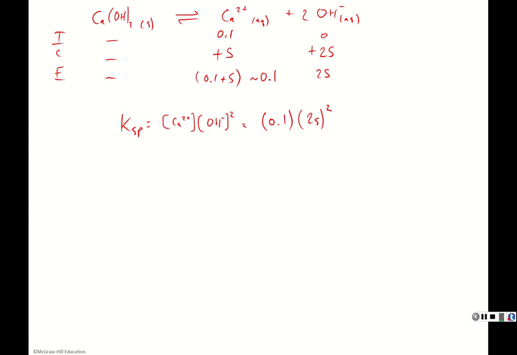We can try to solve for S now. So that's 4S squared times 0.1 equals KSP. We know what KSP is, it's 6.5 times 10 to the minus 6.